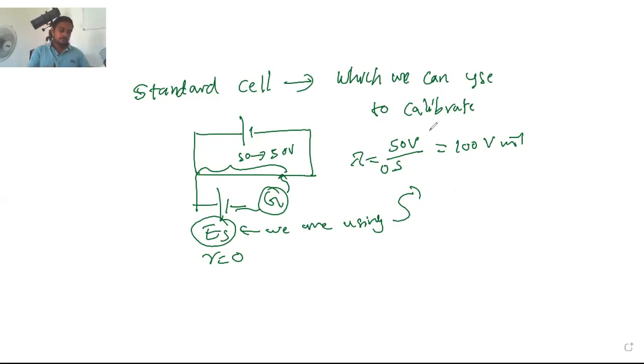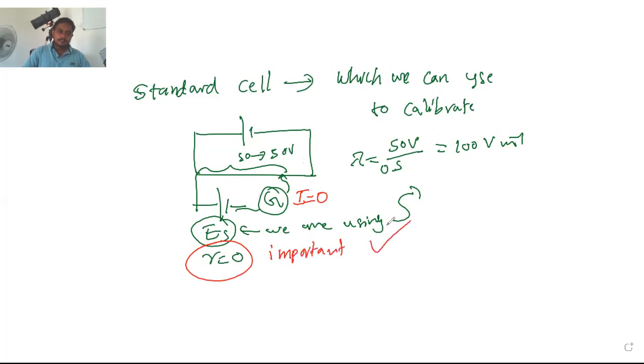Next, ES must be greater than the internal resistance of the standard cell, not important for this practical. When calibrating a potentiometer, the current across this is 0. Therefore, we don't need the R value. We are not considering the R value. That is not important.